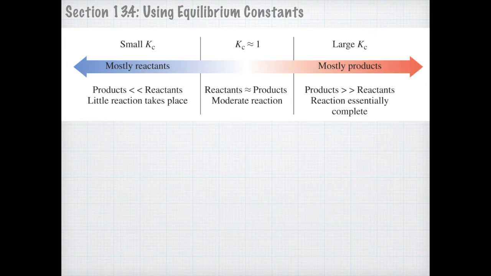If your KC is very small, what that means is that you have more reactants than products, meaning your reactants are favored. So in this case, very little of the reaction actually took place because you have so much reactants when compared to products.